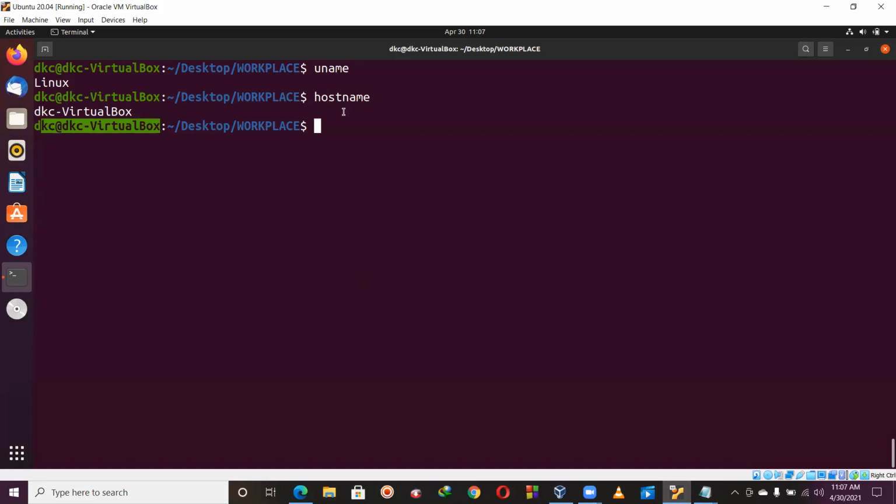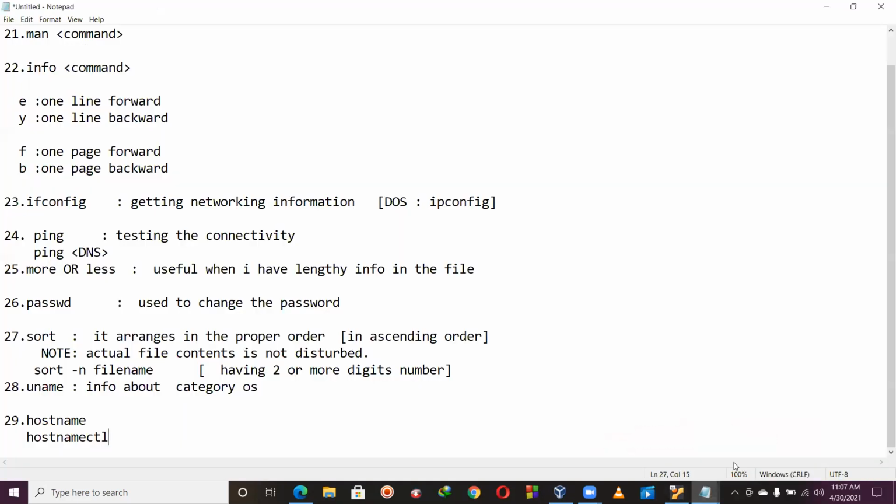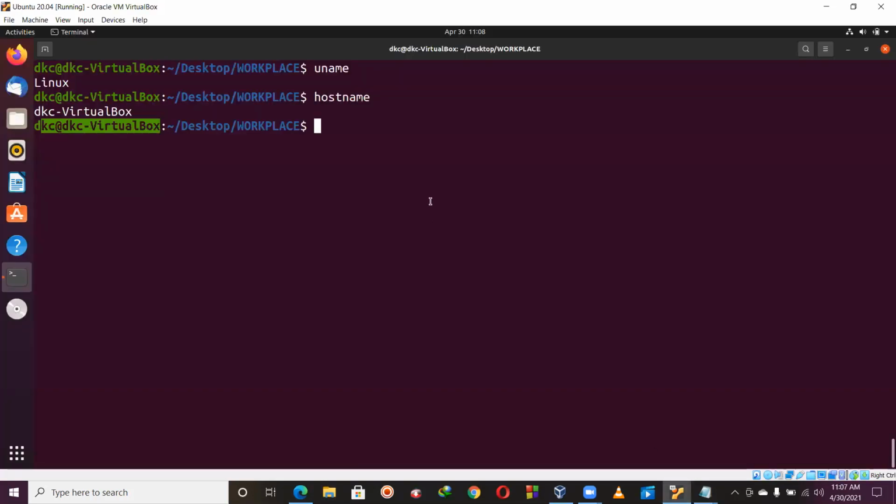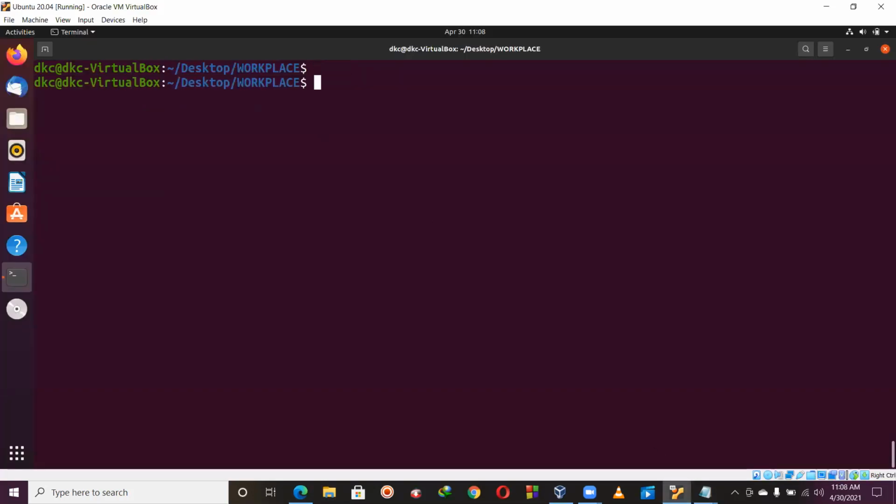So hostname gives you that machine name. So here you can write machine name. Okay, but what about hostnamectl?